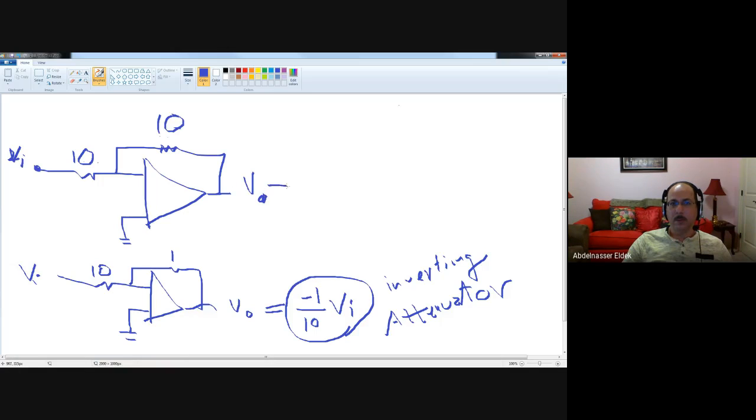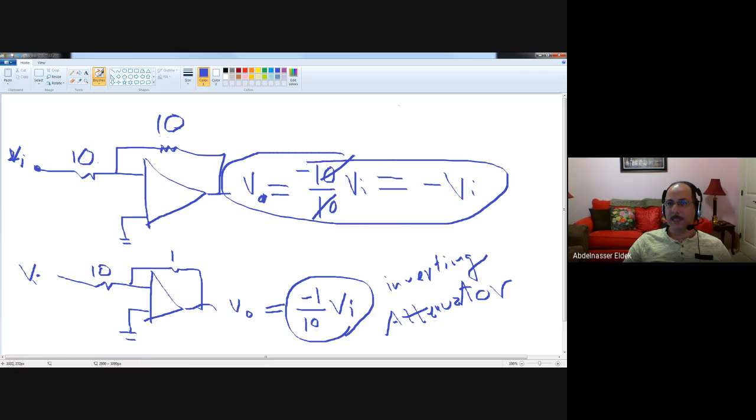VO equal -10 divided by 10 times VI. So VO equal -VI. The -10 will cancel with 10. So if this is the case, then it is just an inverter.